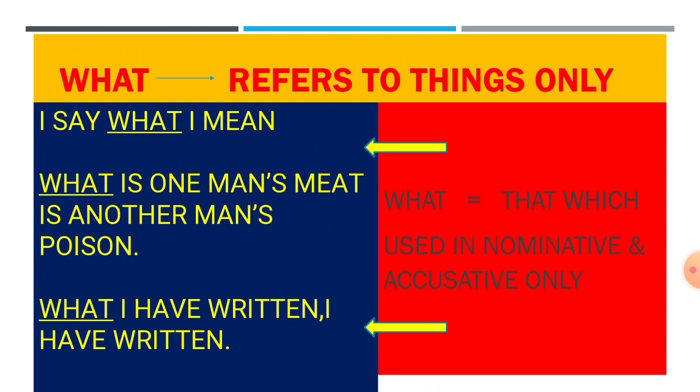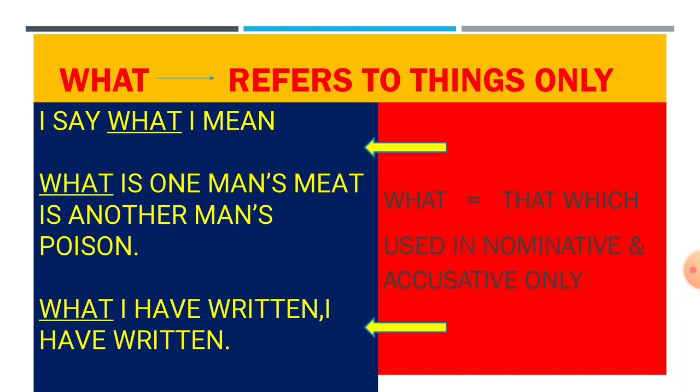Let us see what refers to things only. Okay, now we are going to study the next relative pronoun. After that, it is a very easy one, and that is what. Now remember one thing that has been given in this red box, that what is equal to that which.